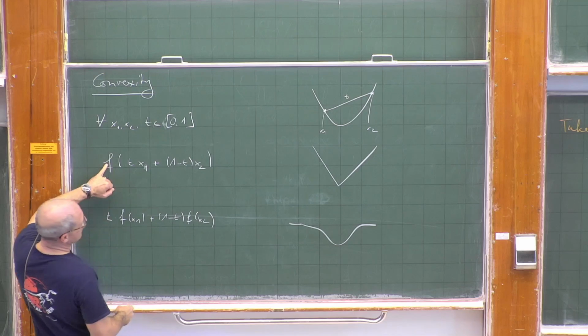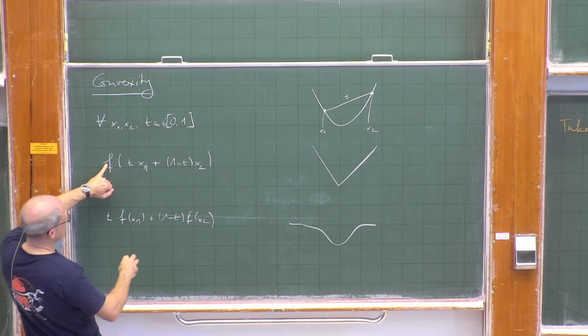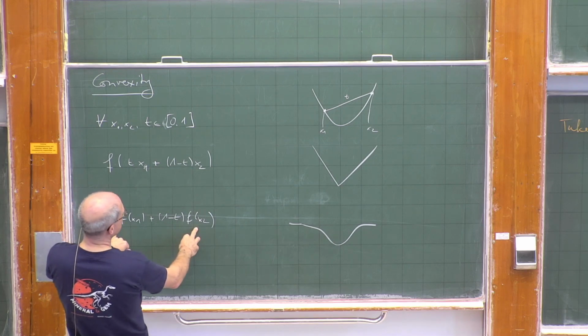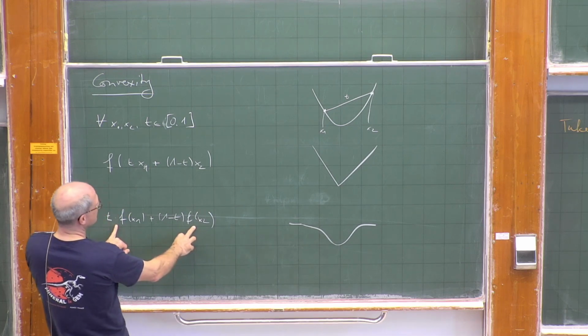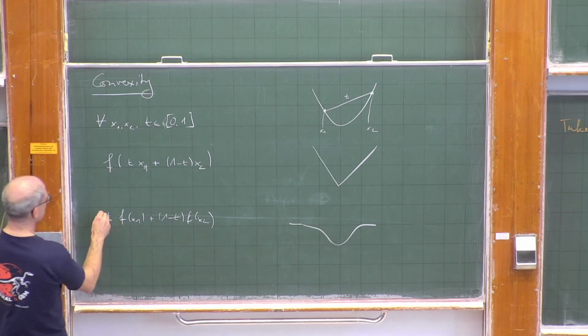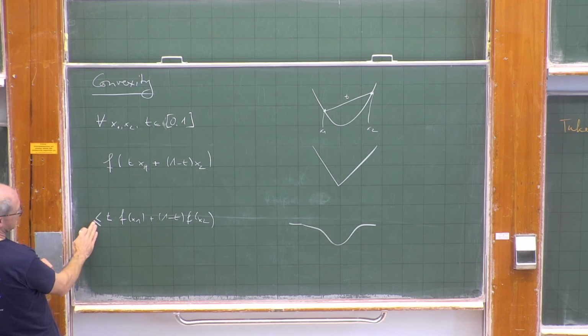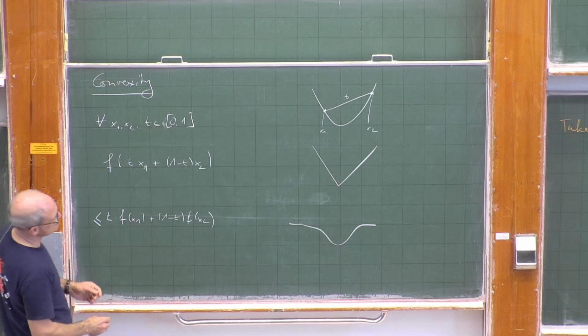So this is the function evaluated at the various points, and this is the linear interpolation. And if the linear interpolation is always bigger than the function, then this thing is called convex. And if a strictly greater holds, then it's strictly convex.